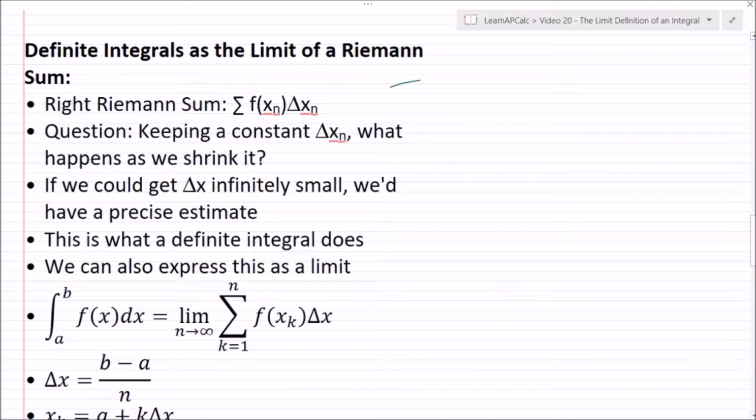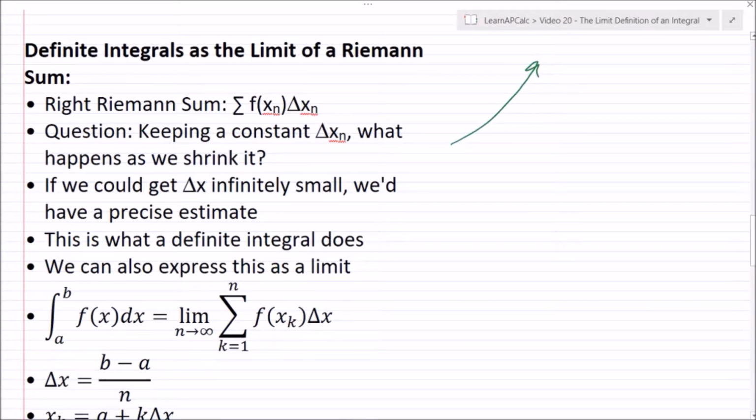So let's take our formula for the right Riemann sum. Now, a question. If we keep a constant delta x sub n, meaning that if we had, say, two intervals here, that my delta x is going to stay constant. What would happen as we shrunk delta x sub n and had more subintervals?